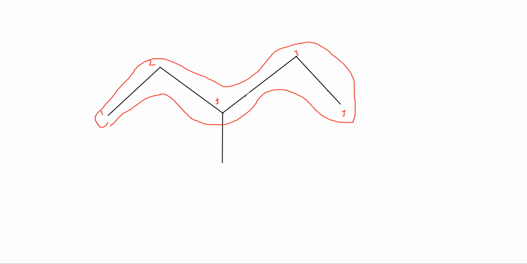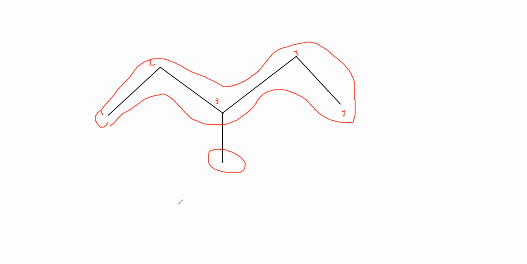How many carbon atoms are in the branch? What is coming outside is a branch. So it's 1.